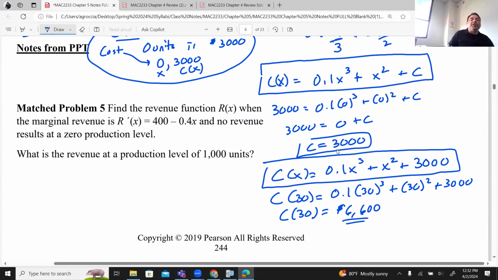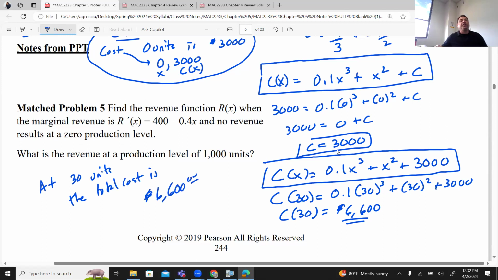So you can now tell your boss, you started with marginal cost, you found your complete cost function, and you can now say at 30 units, the total, not marginal, the total cost is $6,600.